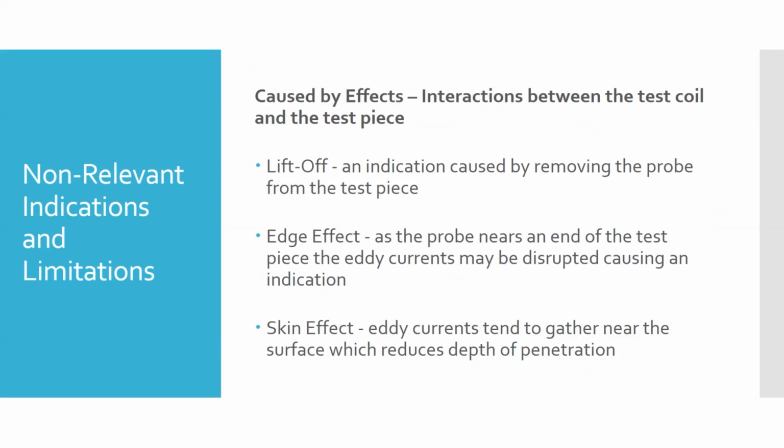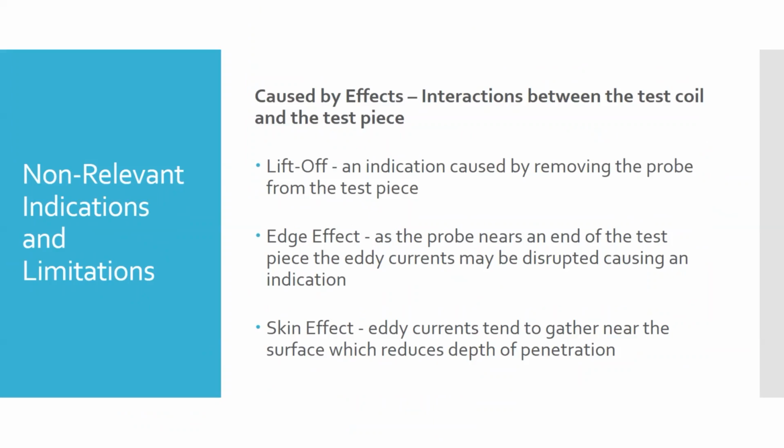Remember, depending on the type of probe you're using, you'll get some different kinds of indications, more of the bow tie shape or the more looped shapes. So as part of your setup, you want to see what that looks like for your probe, for the material you're testing, for the type of indications that you expect to find. And that's why we have to have some kind of a standard to compare against when we're setting up our testing equipment.